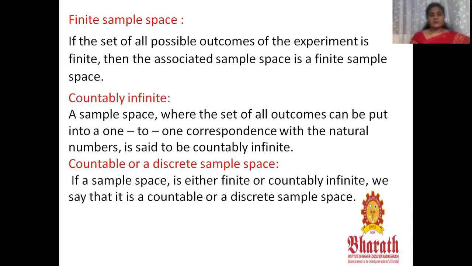Finite sample space. If the set of all possible outcomes of the experiment is finite, then the associated sample space is a finite sample space. Countably infinite. A sample space where the set of all outcomes can be put into a one-to-one correspondence with the natural numbers is said to be countably infinite.